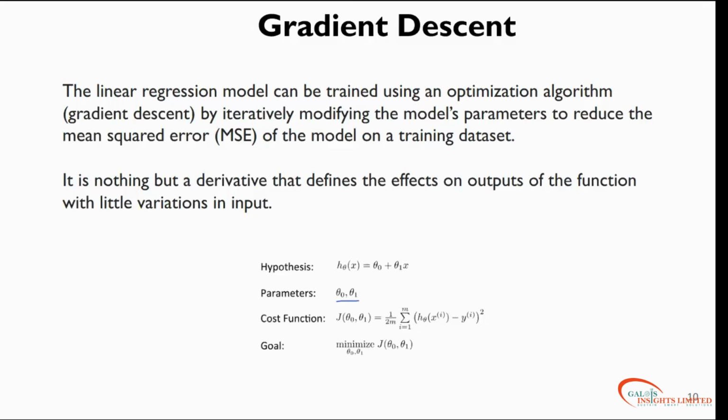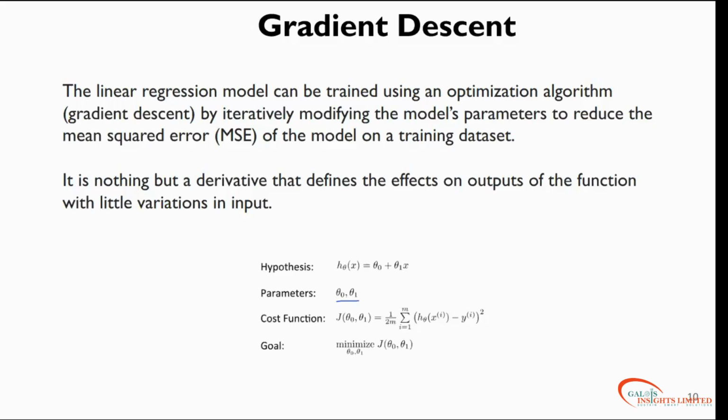Exactly. In mathematics, if you want to minimize a function or an equation, you simply take the derivative of it. So in linear regression, to minimize the cost function, we use an optimization algorithm, which I introduced just now, known as gradient descent.